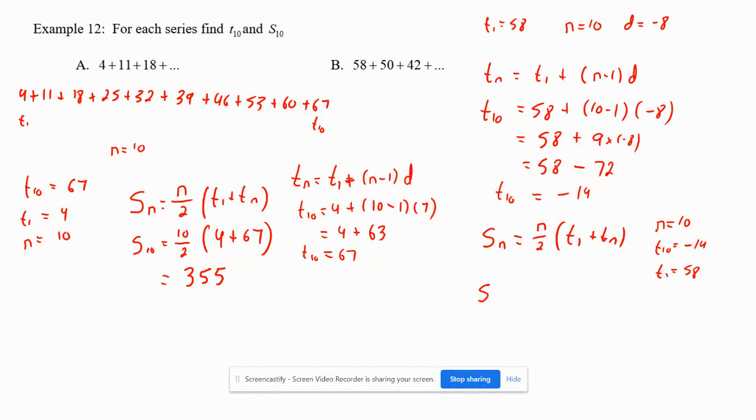So that means that S10 is 10 over 2 times 58 plus negative 14, which is 5 times 58 minus 14, which is 44. 5 times 44 is 220. So the sum of this series is going to be 220.